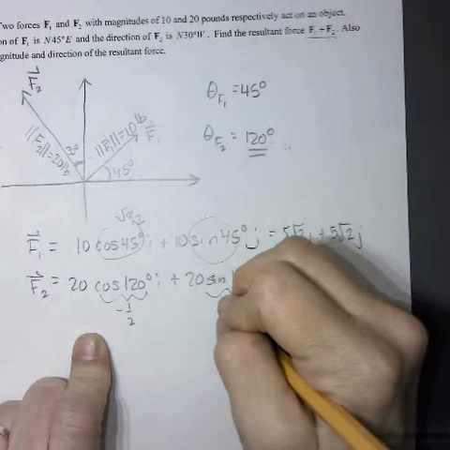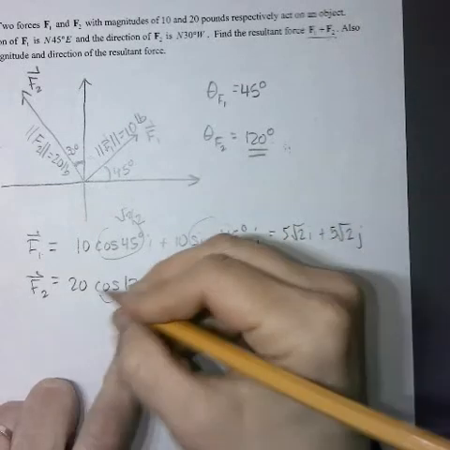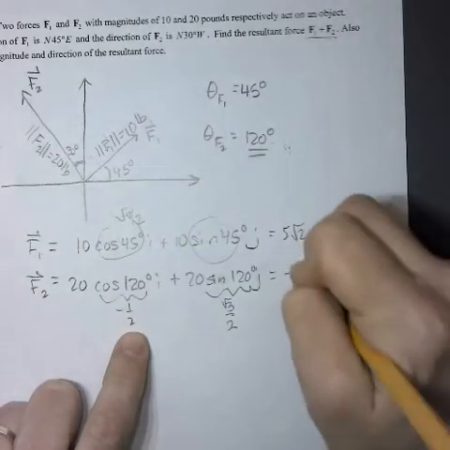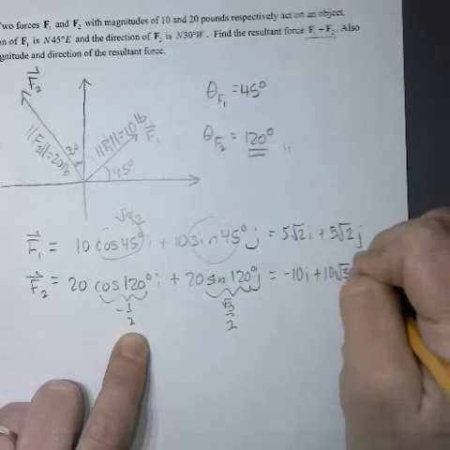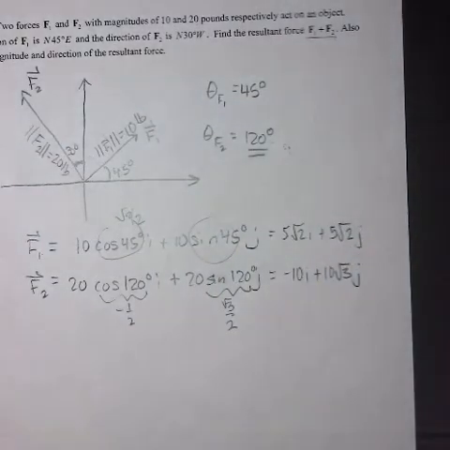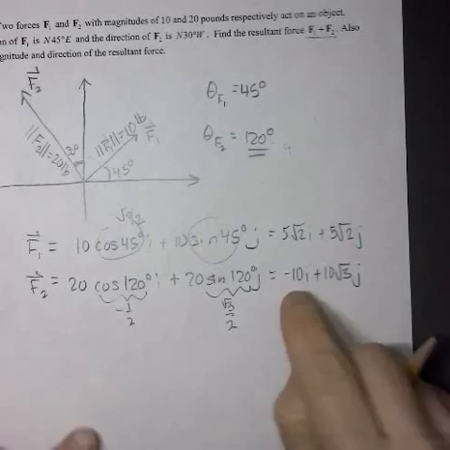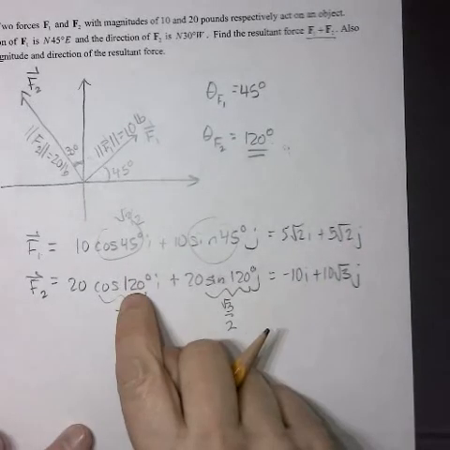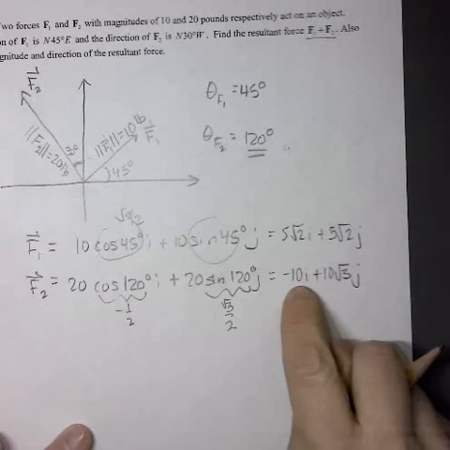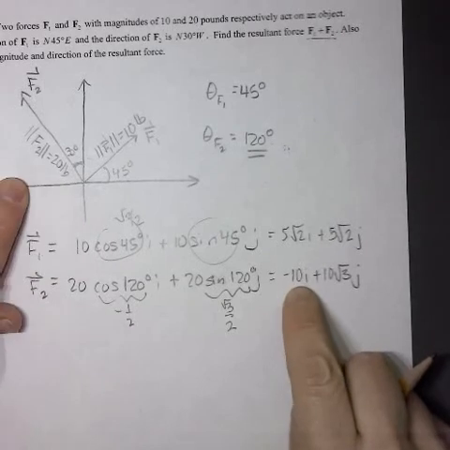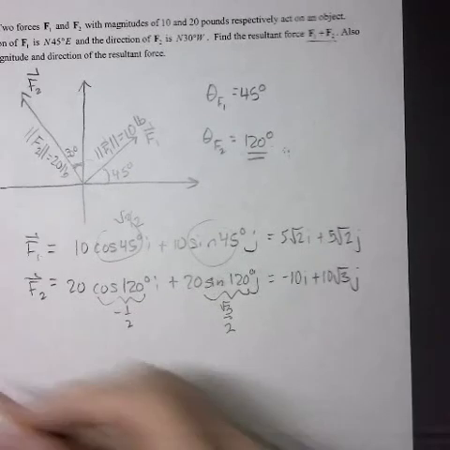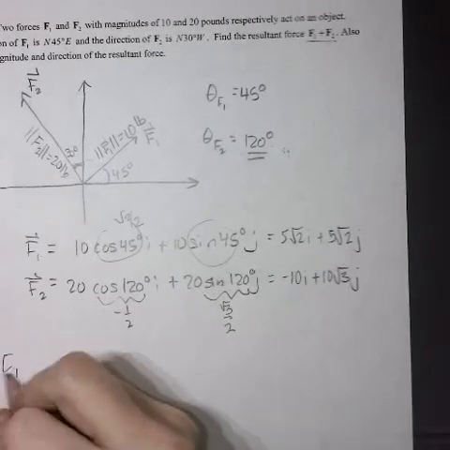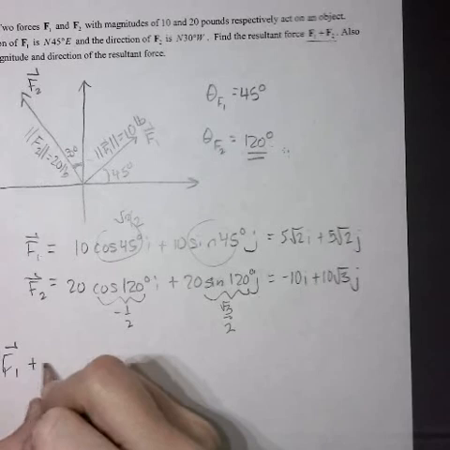So this will be negative 10 i plus 10 square root of 3 j. So notice, because we have the right direction, we've got what we need, a negative horizontal component and a positive vertical component. So force 1 and force 2 are working in different directions.